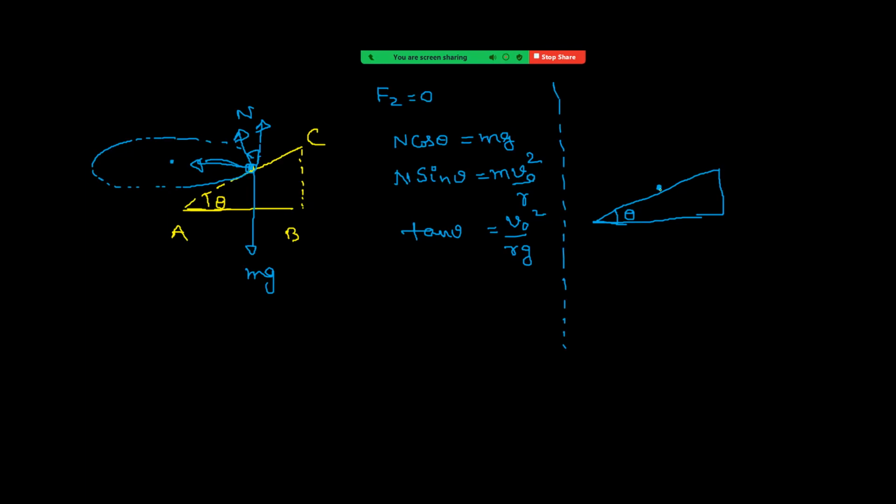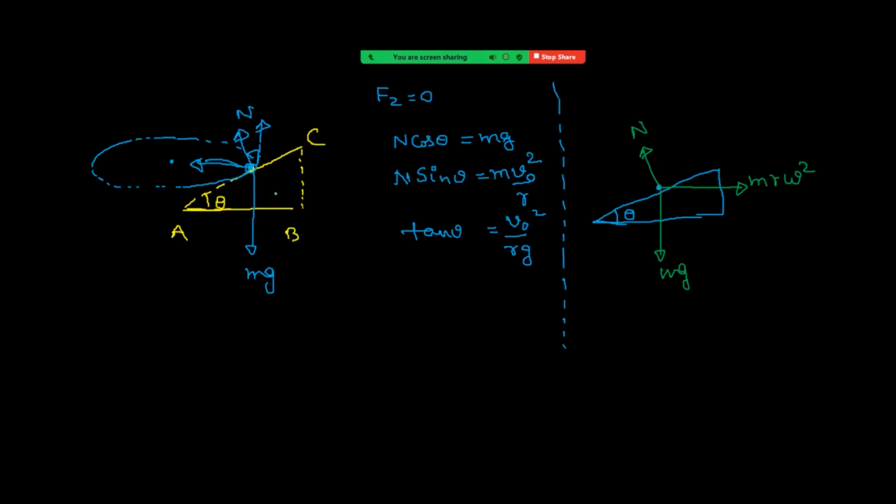One is mg downwards. Normal reaction, normal to the incline, meaning normal to the road, because the road is now this inclined plane. Next, since we are solving from the vehicle frame, we have to consider the pseudo force, which we call the centrifugal force, away from the center, m r omega square.